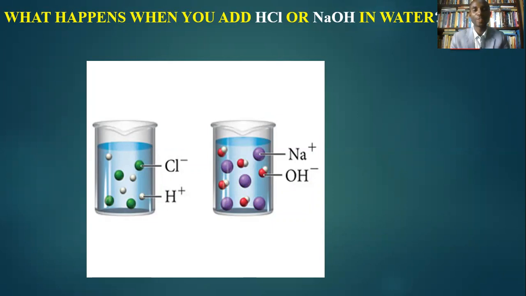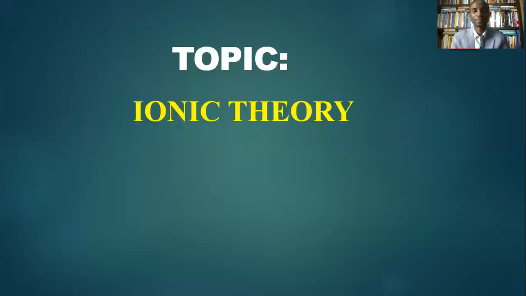Substances that can dissolve in water that way and produce ions, we call them electrolytes. And it's under a theory we called Ionic Theory. And this will lead us into the topic we have today, Ionic Theory.